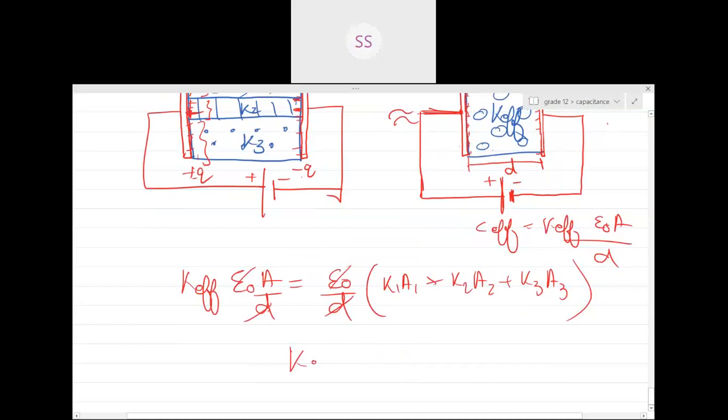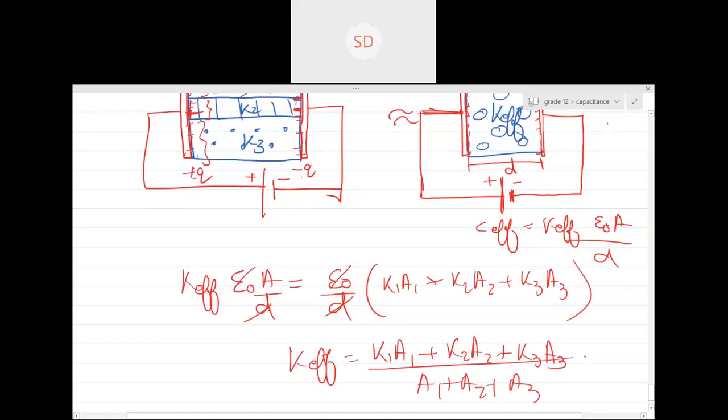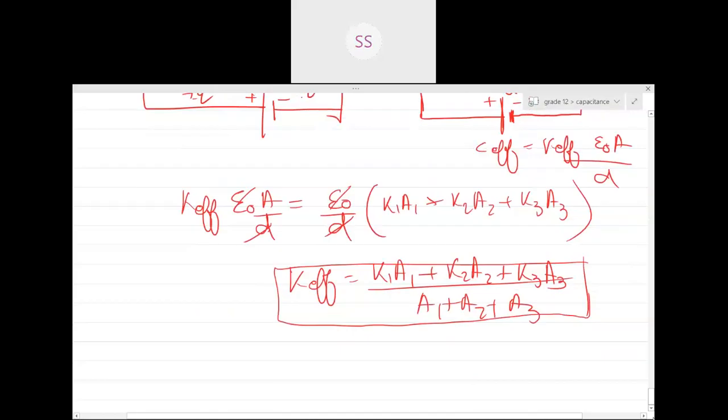Final K effective will be K1 A1 plus K2 A2 plus K3 A3, divided by A1 plus A2 plus A3. Is this clear, guys? Yes, sir.